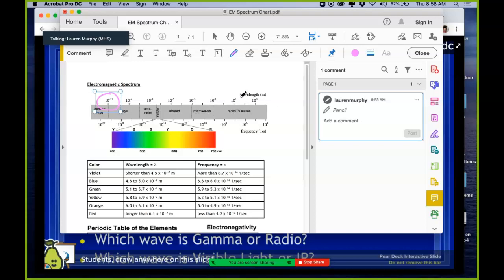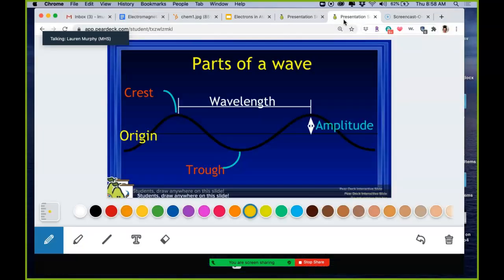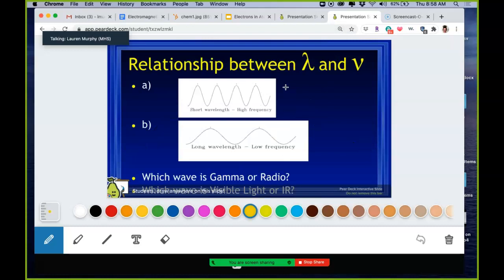Radio waves are in this region, 10 to the 1, 10 to the 3. So these are bigger wavelengths. Remember that the negative powers mean a small number. So if you were to pick which one would be gamma and which one would be radio relative to each other, this one should be gamma.